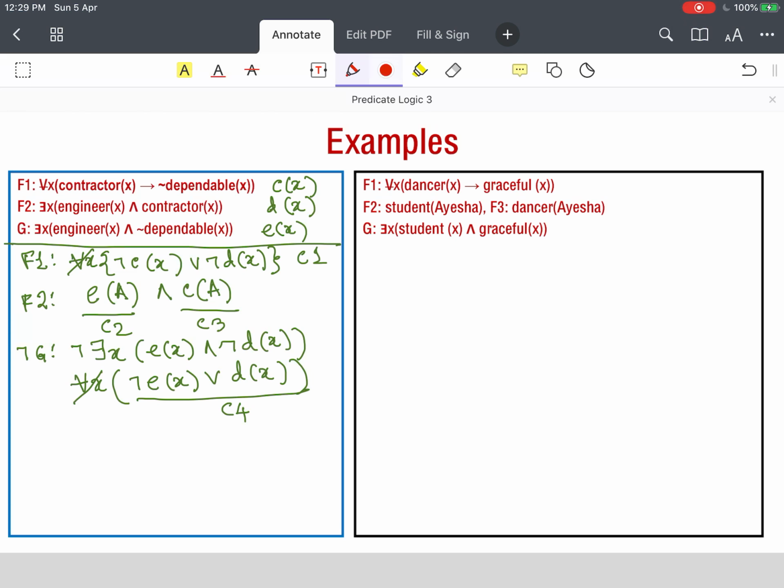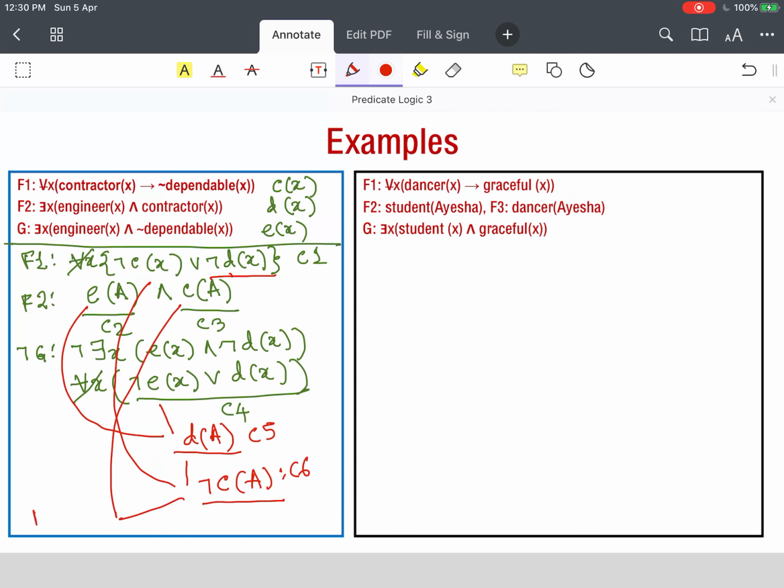Now we can start using our method of resolution refutation, and the simplest way in which we can start doing resolution refutation, we can take C2 and C4 and we replace x by a, and we'll get dA. Then this new clause C5, which is dA, we replace a, and with C1 we replace this, and we get not CA.